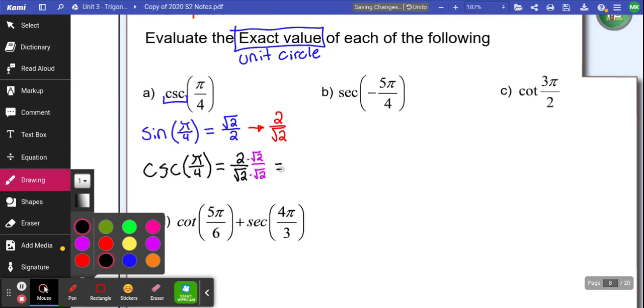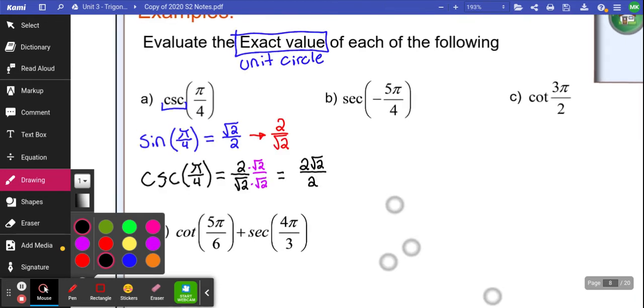That gives you an answer of 2 root 2 over 2. That can be reduced further. So I have a 2 on the top, a 2 on the bottom. Both are coefficients, so I can divide them. My answer is root 2.